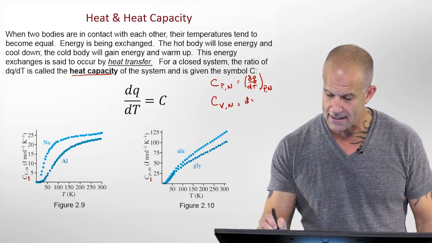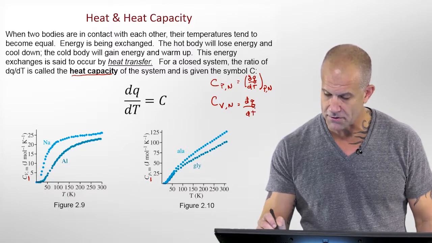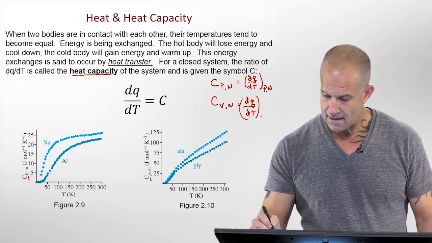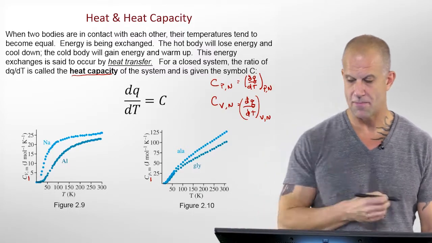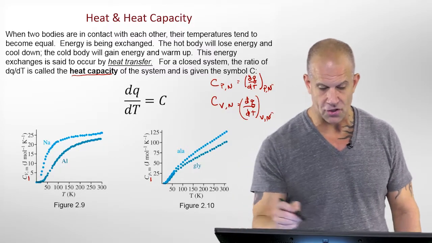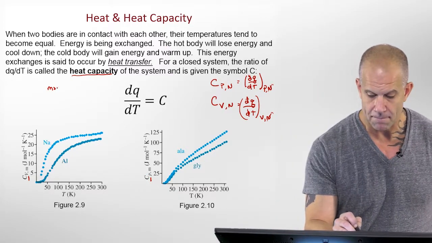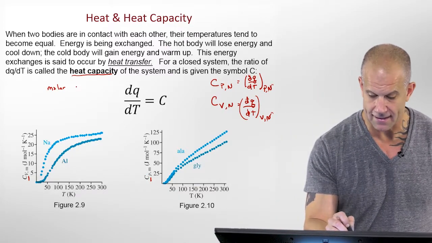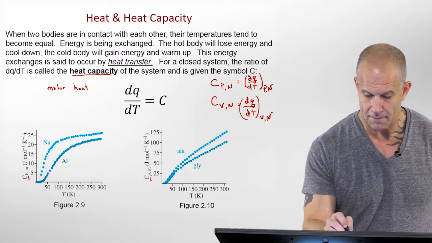And this would be how the heat changes with temperature at constant volume and number of moles. Oftentimes the n is left out and it's just called a molar heat capacity.